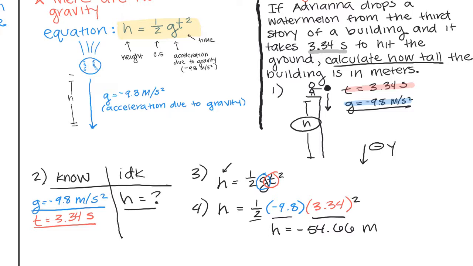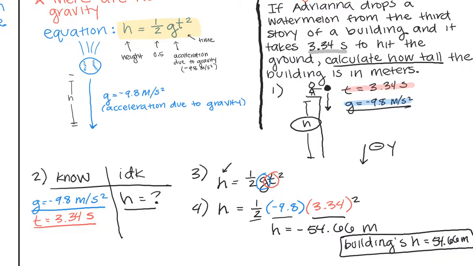So I'm just going to get rid of that negative sign. Okay, so I'm going to say building's height is equal to positive 54.66 meters. All right, and that is my final answer.